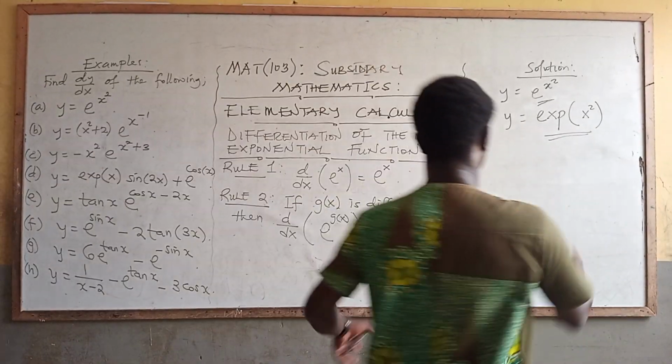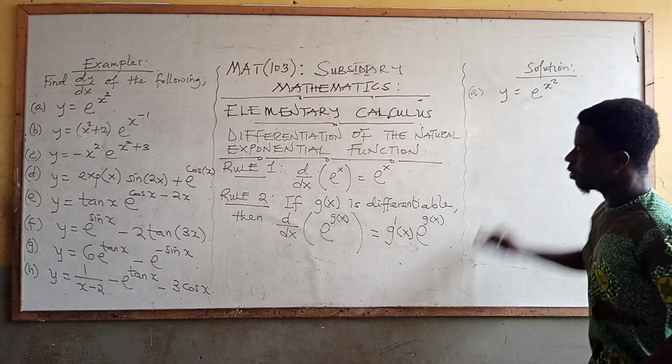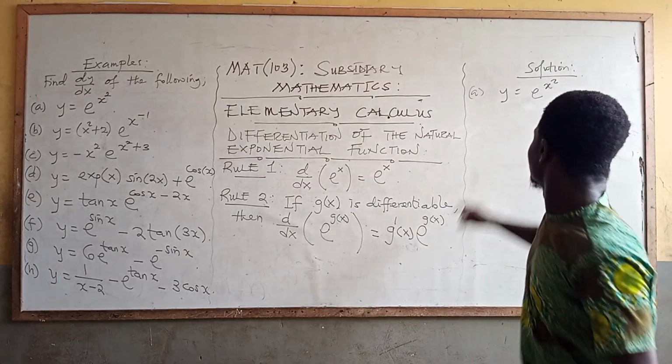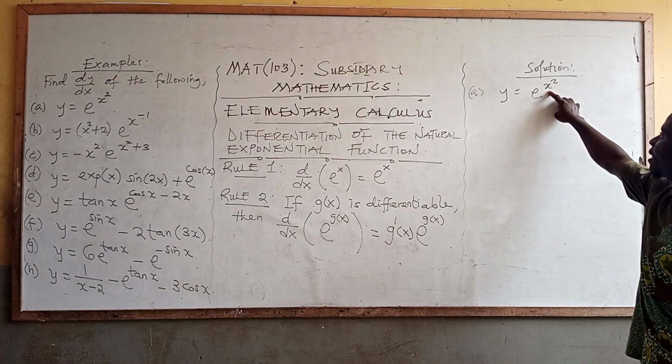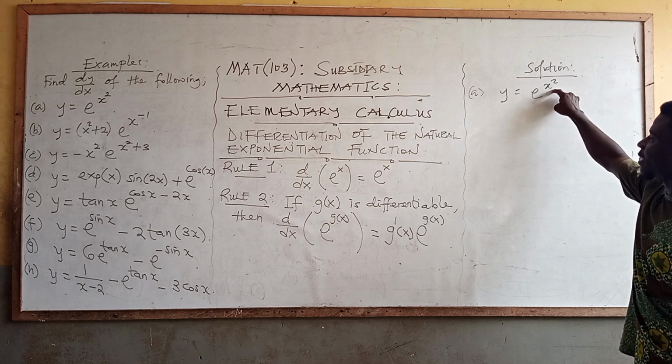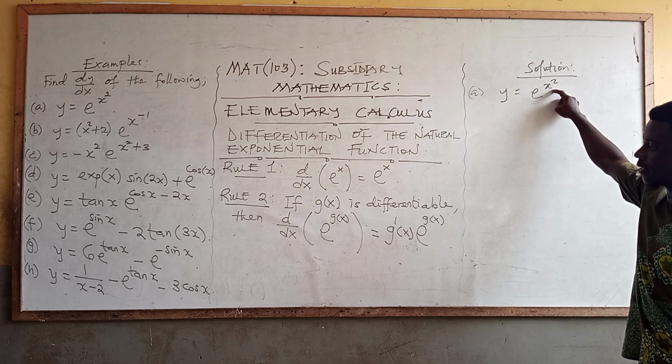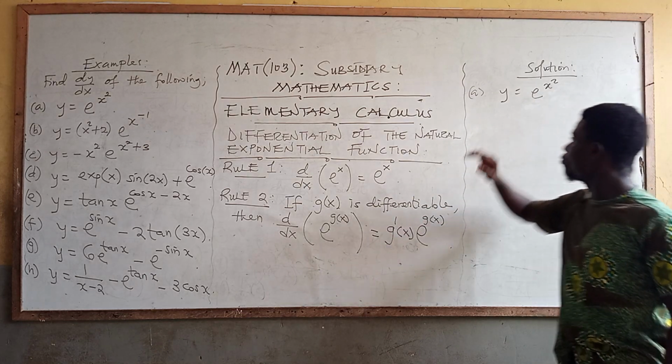So now, how do we differentiate? When you see the exponent here, x squared, it is differentiable, so we can differentiate. We are using rule 2.